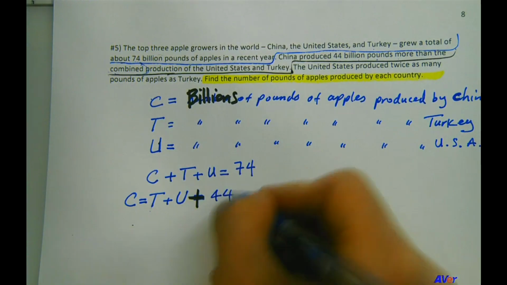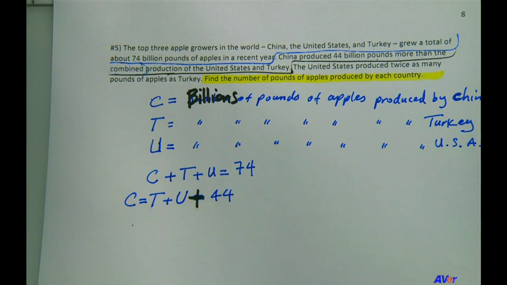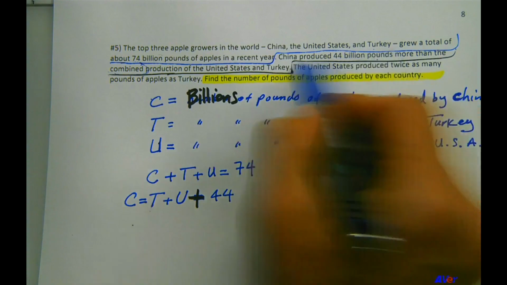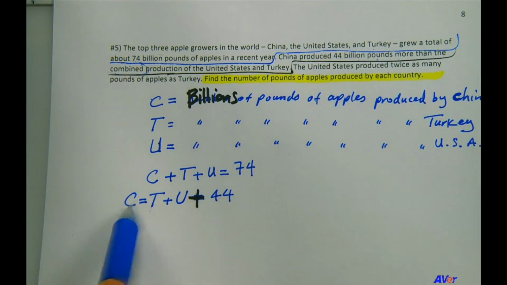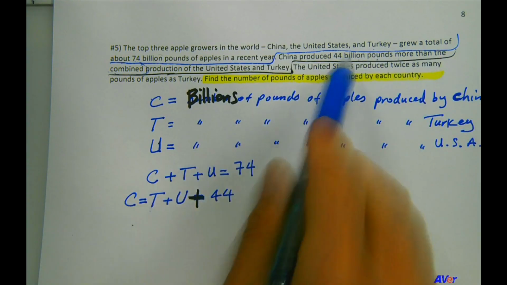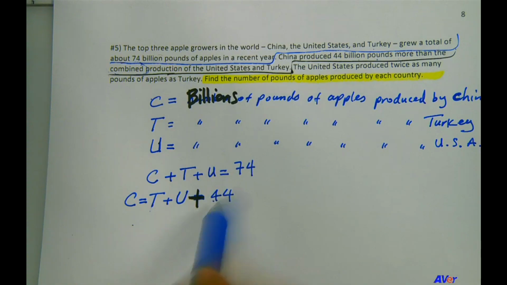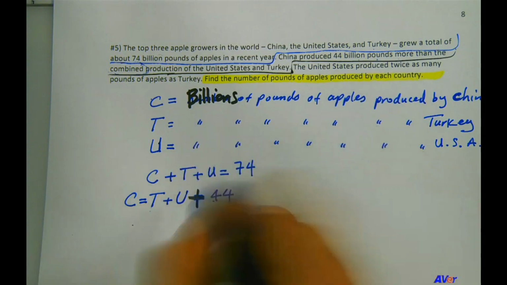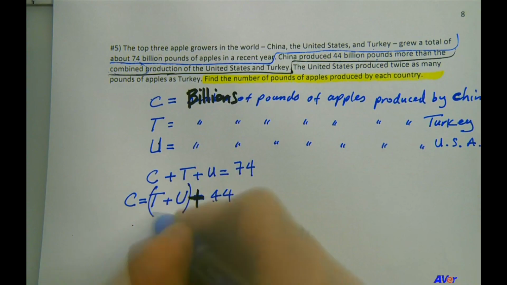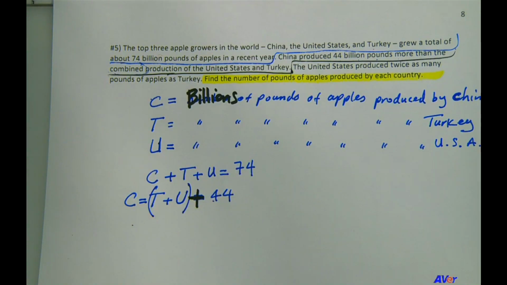Plus 44. Okay? That's the translation of that sentence. China produced 44 billion more than the combined production of the United States and Turkey. Okay, so that's the translation of that.